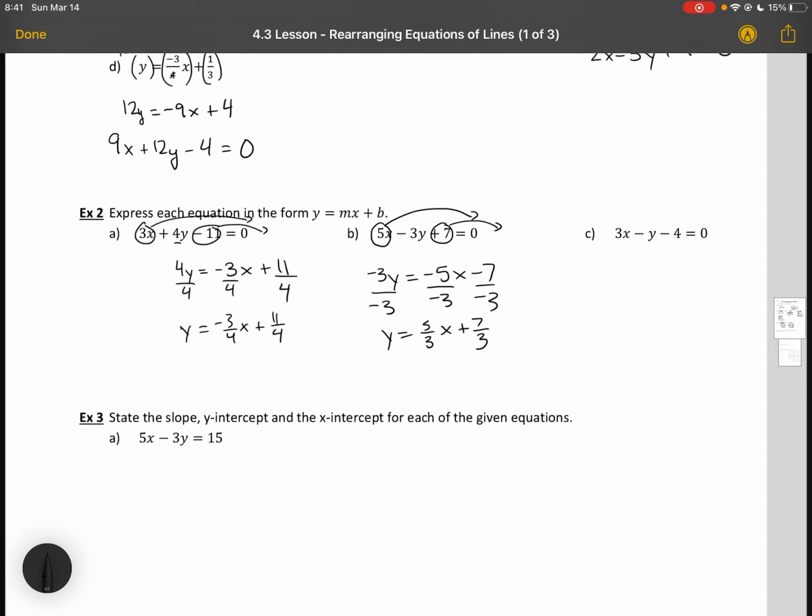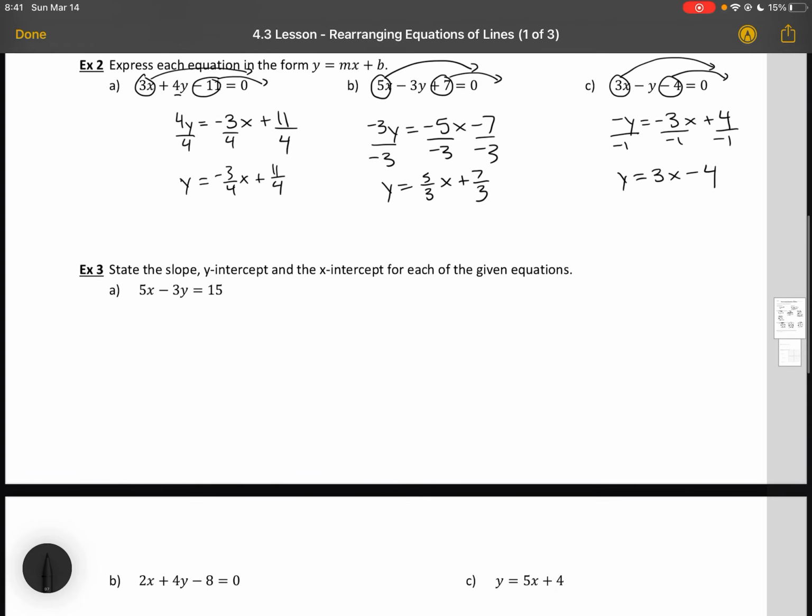But I've got two positive numbers because I divided everything by negative 3. Example C, I'm going to move 3 and minus 4 over. So I'm left with minus y equals minus 3x plus 4. Then I'm going to divide everything by the number that's in front of the y, which in this case is minus 1. That leaves me with 3x minus 4.